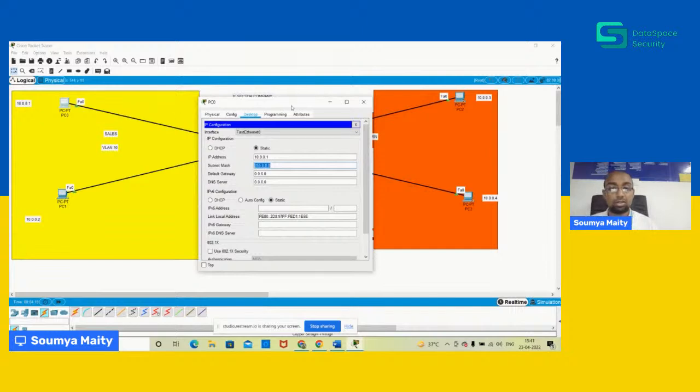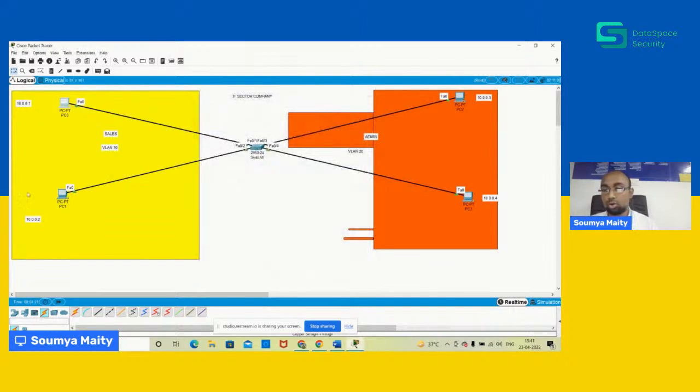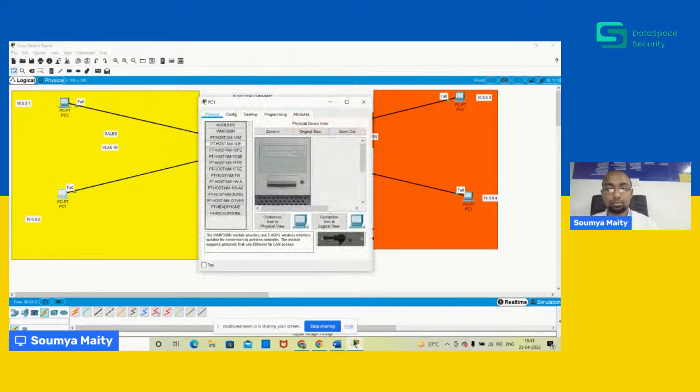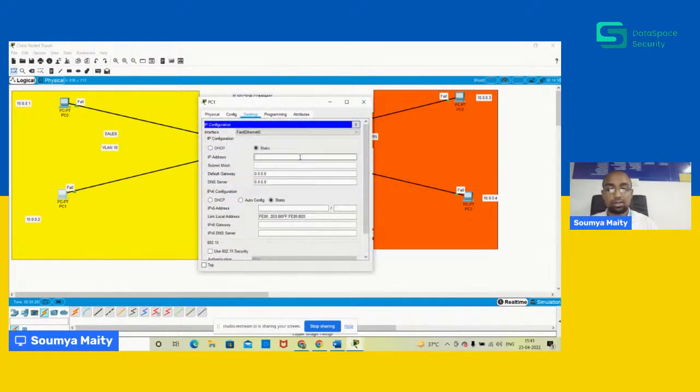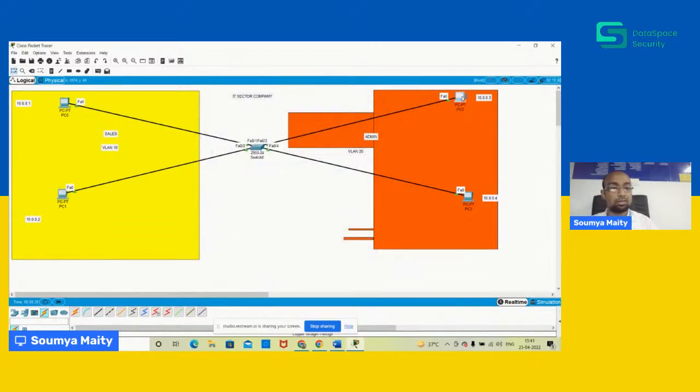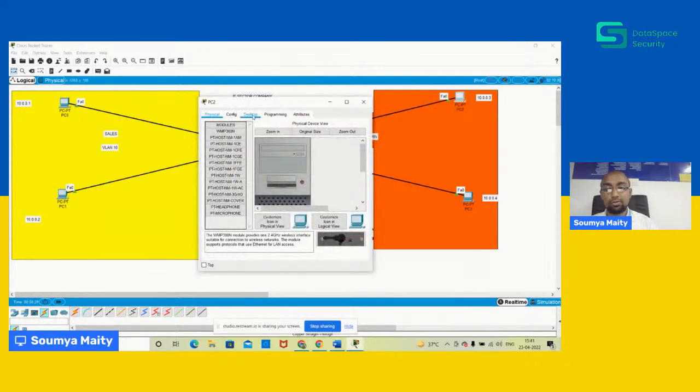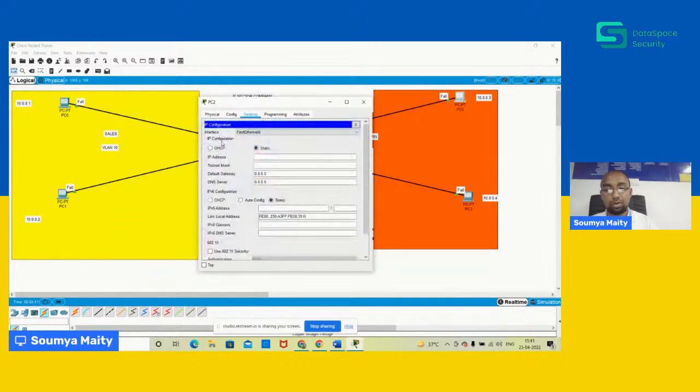Go to another PC, go to Desktop, IP Configuration, and set the IP address as well as the subnet mask. Then go to another PC, PC2, go to Desktop, IP Configuration and set the IP address 10.0.0.3.